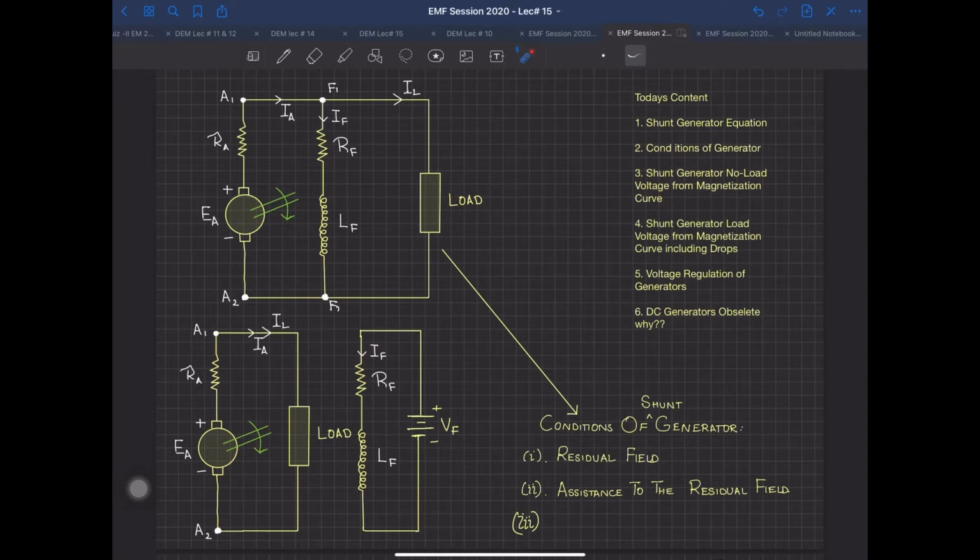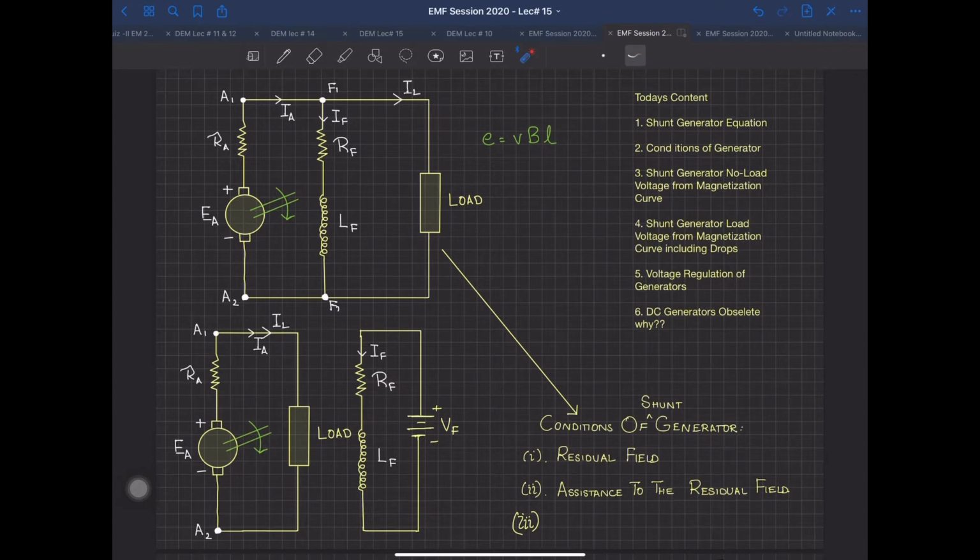So the EMF being produced by this generator, E is equal to VBL, the length is there, the velocity V is there because of the prime mover action, but B, the magnetic field density, is not there because the magnetic flux is not being produced. So the first condition of the shunt generator is this, that you should have a residual field inside your machine.